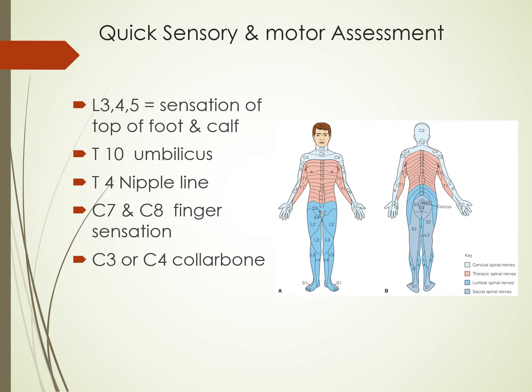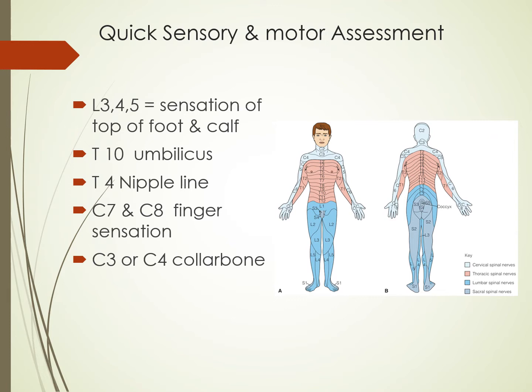So when you want a quick focused assessment for sensory and motor, usually start with lumbar down in 3, 4, and 5, and that would be the top of the foot and the calf. The next one, T10, is our umbilicus, T4 is the nipple line, C7 and 8 are the fingers, and then C3 and C4.